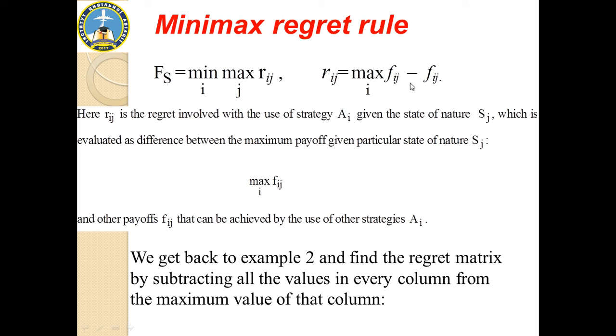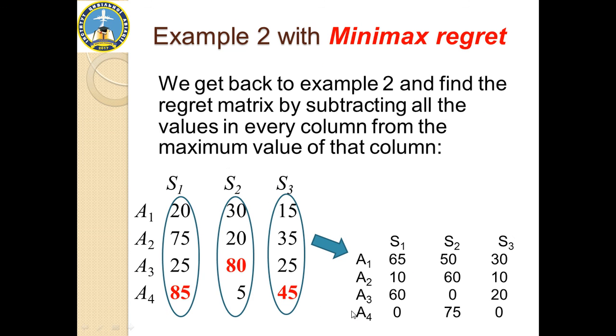So now we get back to example 2 and find the regret matrix by subtracting all the values in every column from the maximum value of that column. So, given state of nature S sub 1, the best payoff for all the decision options is 85.